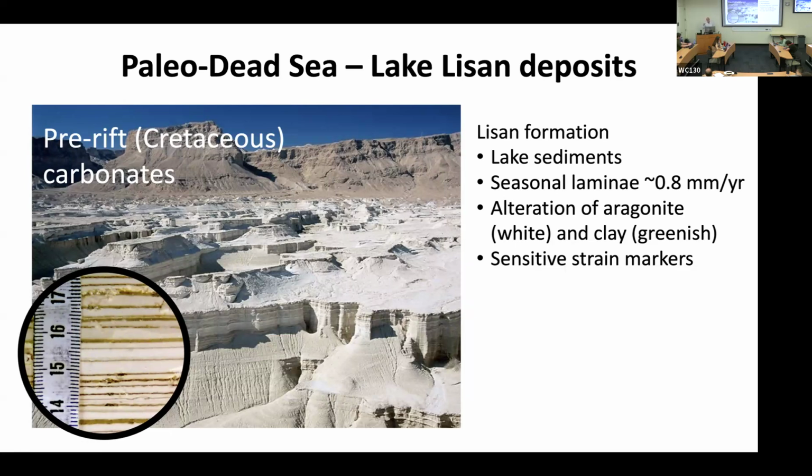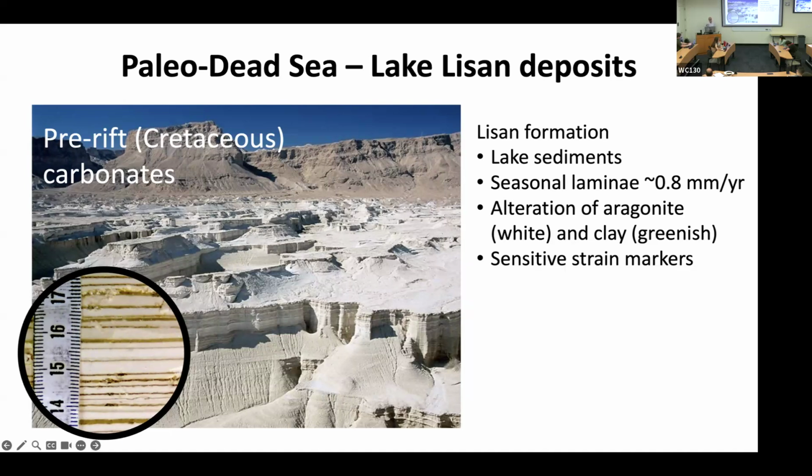And the greenish is clay. And these are seasonal. And we call it varves. There were studies where people counted the varves and did dating, and they found that it can go year by year. So you can actually measure year by year the position of the layers.